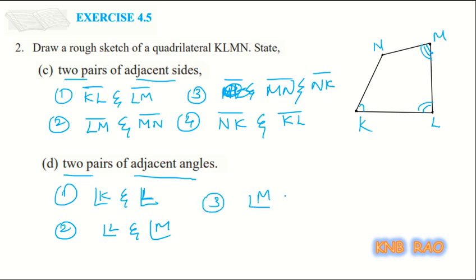Angle M and angle N is the third pair, and angle N and angle K is the fourth pair. You can write any 2 of them.